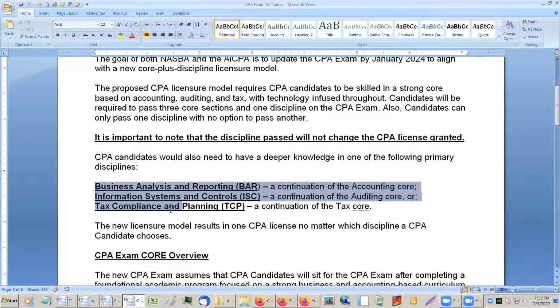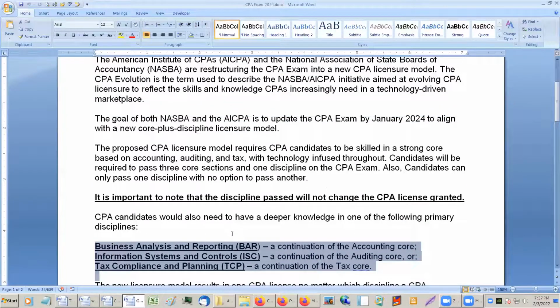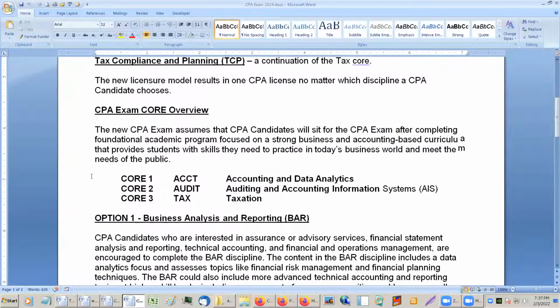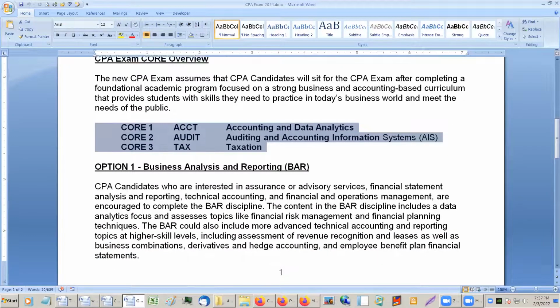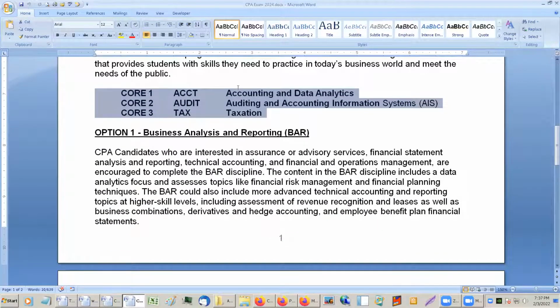Say hello to the new sections we have. Let's see here. So here's the new core. FAR is now accounting and data analytics. Audit's the same, yay! But they included accounting information systems in there.